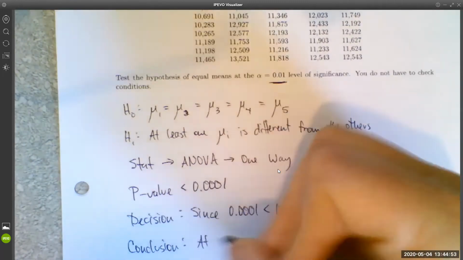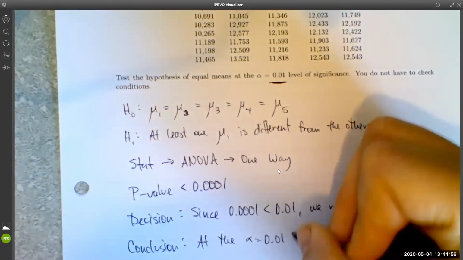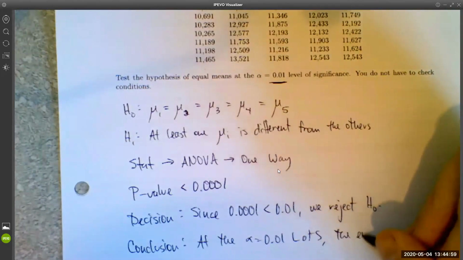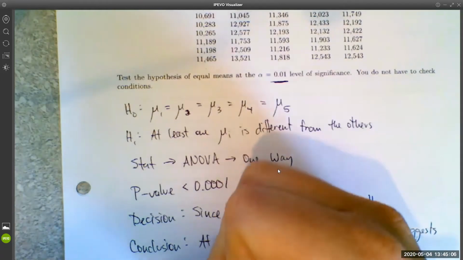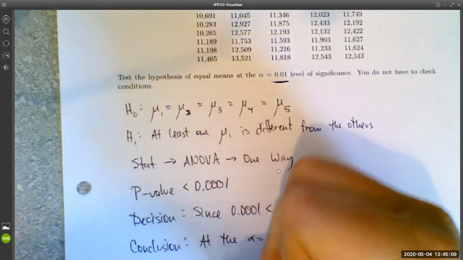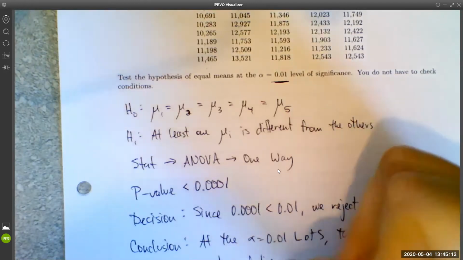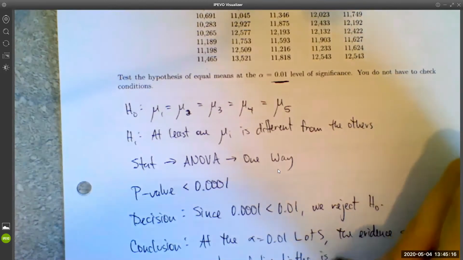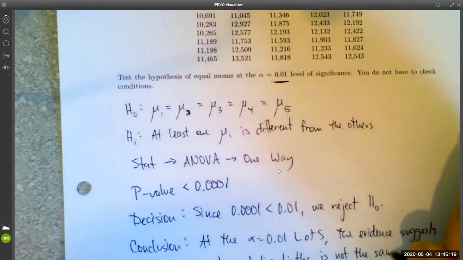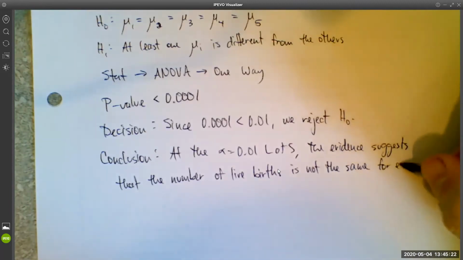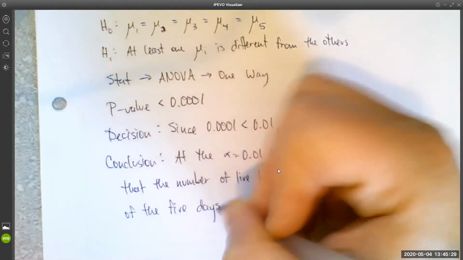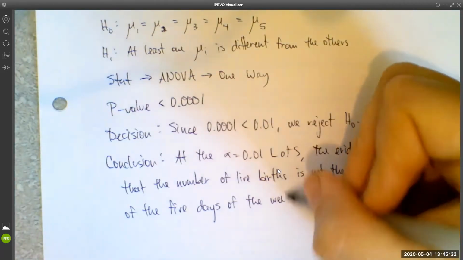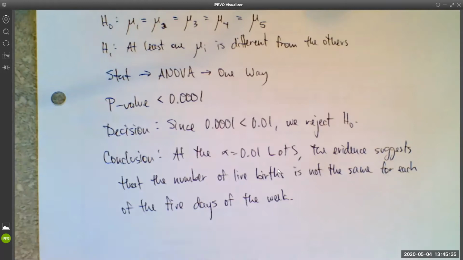So at the 0.01 level of significance, the evidence suggests that the number of live births is not the same for each of the 5 days of the week. And that'll do it for that section.